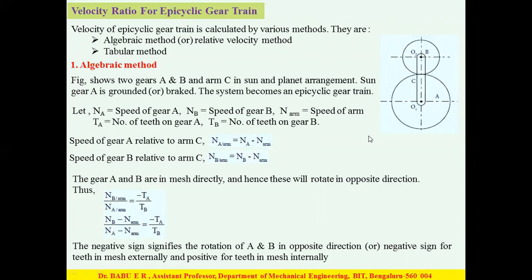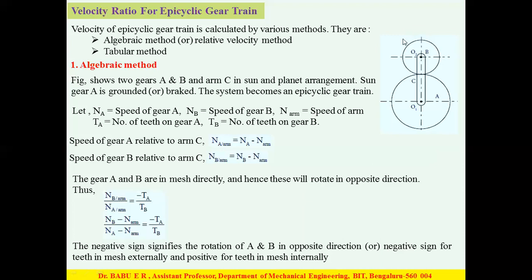That is NA by NB, which is equal to TB by TA. What is the value of NA? NA is 1. So 1 by NB is equal to TB by TA.